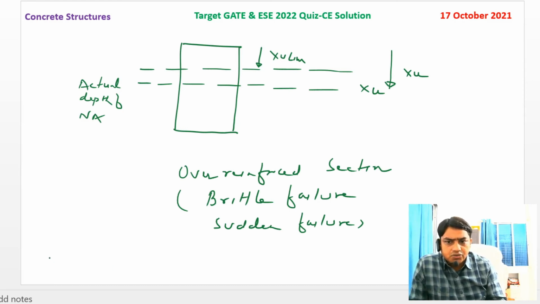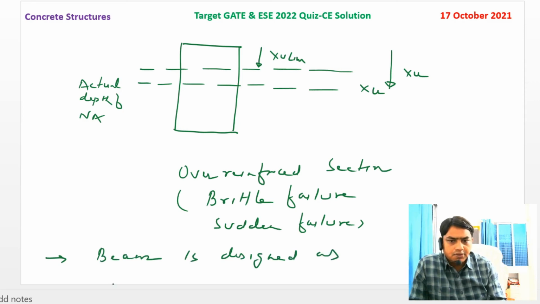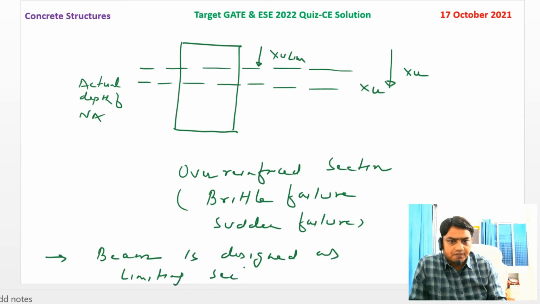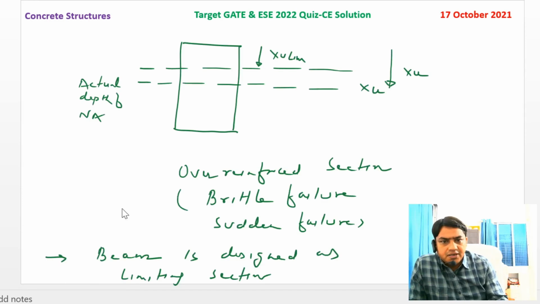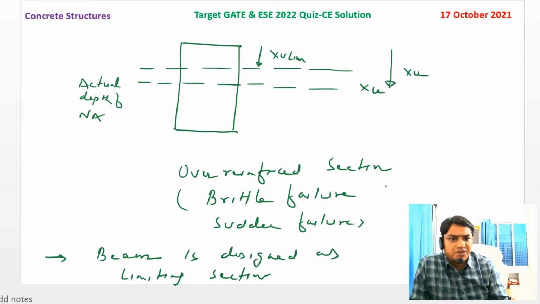Here the section is over reinforced, so the beam is designed as a limiting section, and for a limiting section we have to take XU as XU limiting. Here the failure is called compression failure, or concrete failure.